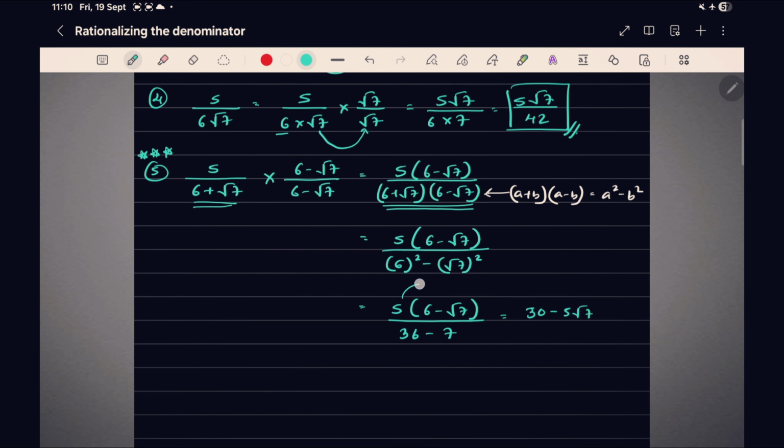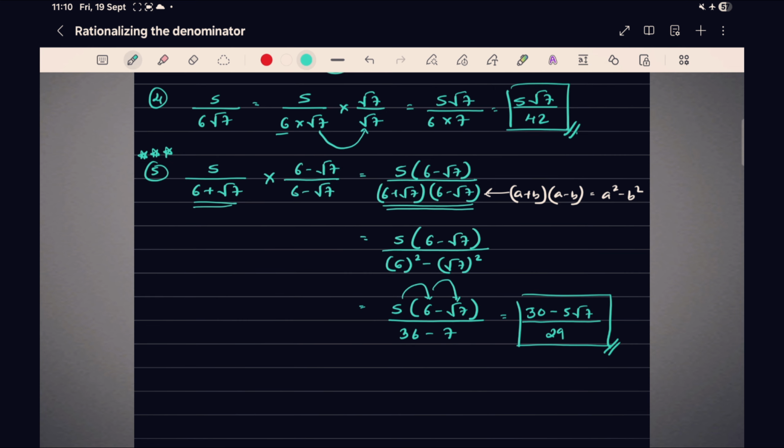Of course it is bracket multiplication, ये दोनों के लिए है, okay, upon 36 minus 7, that gives me 29. It is not reducible, so this is my final answer, and we can very well see कि मेरा denominator has become a rational number.